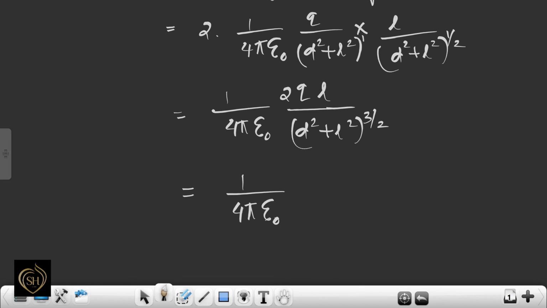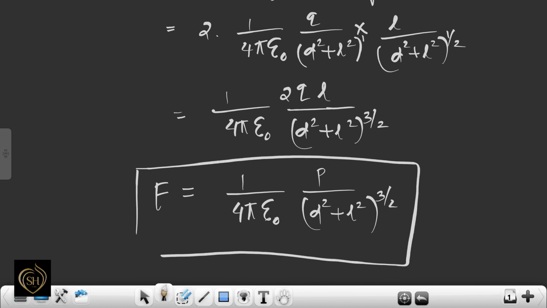What is q into 2L? It is dipole moment P. P divided by d square plus L square the whole raised to 3 by 2. So our final equation E is 1 by 4 pi epsilon 0 P by d square plus L square the whole raised to 3 by 2.